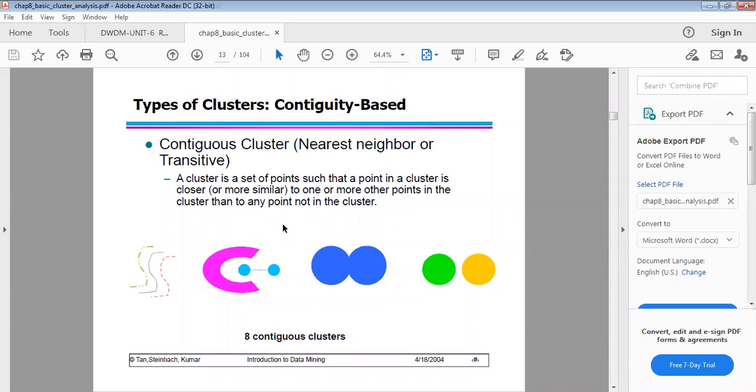A cluster is a set of points such that a point in the cluster is closer to one or more other points in the cluster than to any point not in the cluster. That type of cluster is called a contiguous cluster.